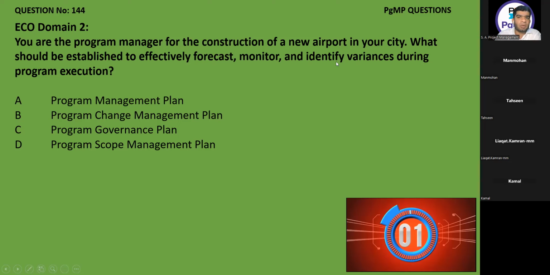If he asks about change variances, it will be change management plan. If he asks about scope variances or cost variances, then we have to go to that specific management plan. But if he is talking in general, it will be program management plan.